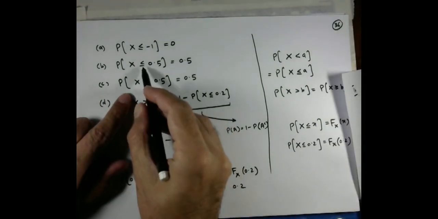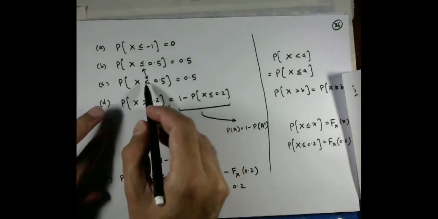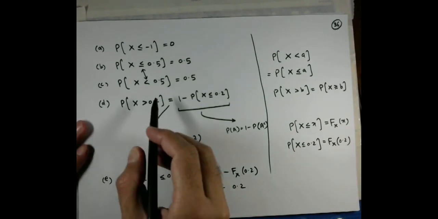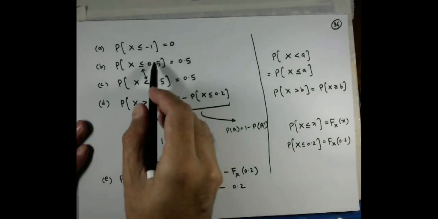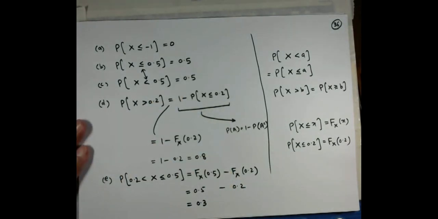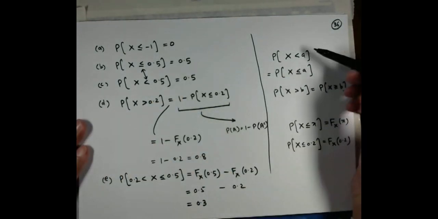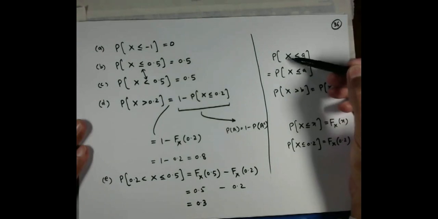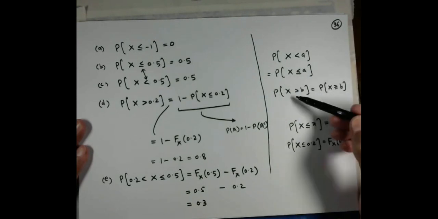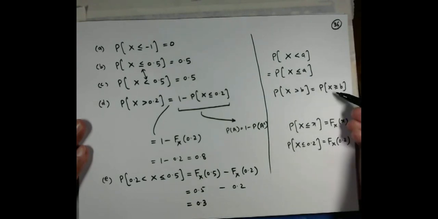Then we also discussed that this inequality and this inequality behave the same when it comes to continuous random variables, and that is why you have the same probabilities for both of these cases. So always remember, when X is a continuous random variable, this probability and this probability are the same, and similarly for the greater than and greater than or equal to signs.